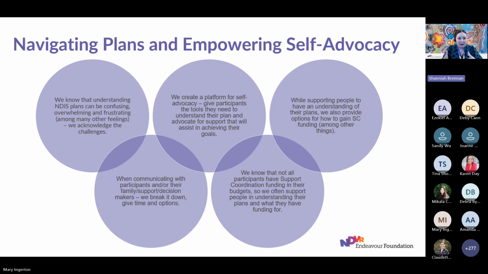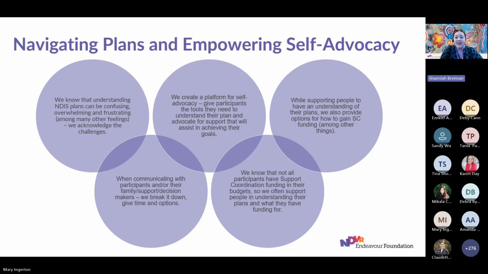To really just sum up each of those points, I wanted to share an example with you of how we've supported a participant and his family to understand his plan and advocate for increased supports that better reflect his needs. So we had the parent of this participant that is already an Endeavour participant, supported by Endeavour, sorry.